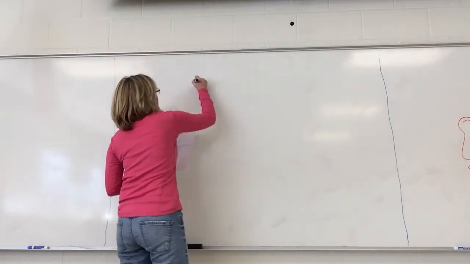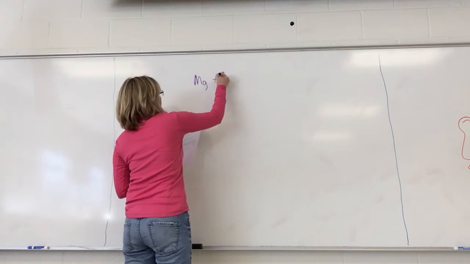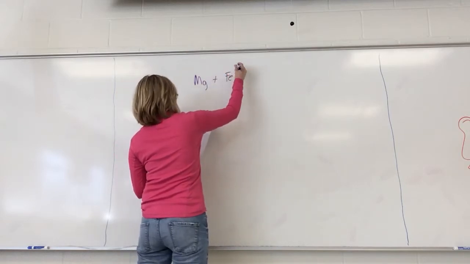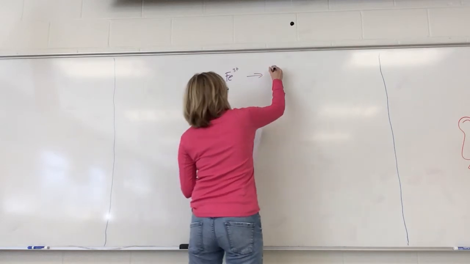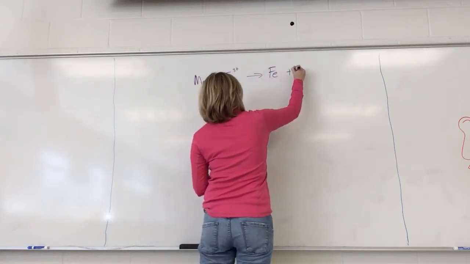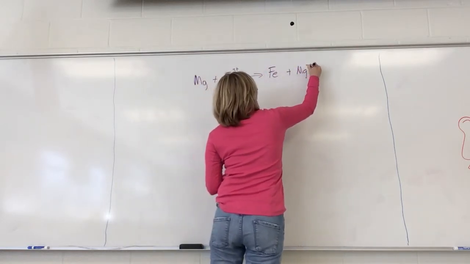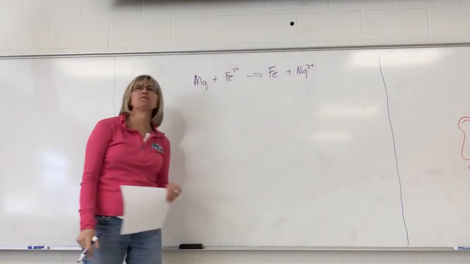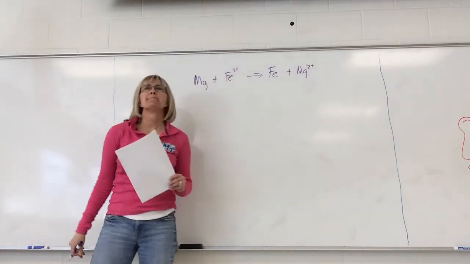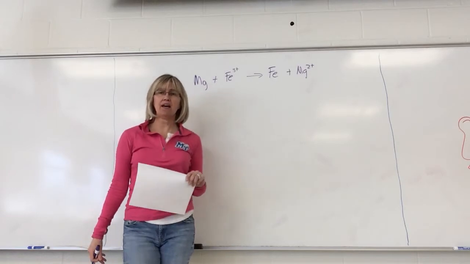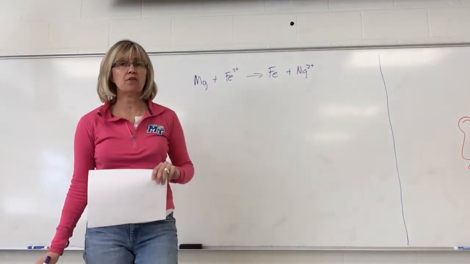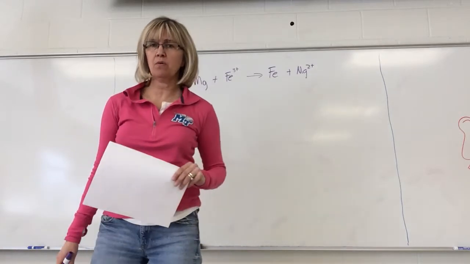Here's our unbalanced equation, magnesium and iron, probably iron 3 solution. And what's going to happen is this goes to iron and magnesium 2+. All right? So this is single replacement. Net ionic. I took the chlorate out of that because the chlorate is a spectator. It is soluble.